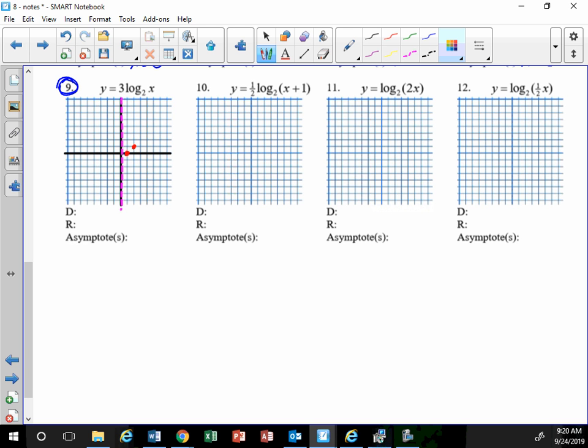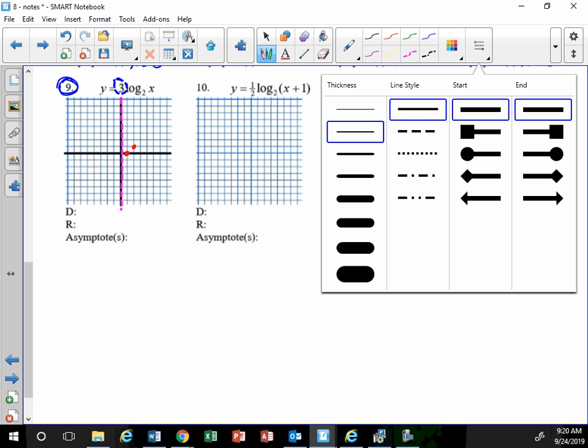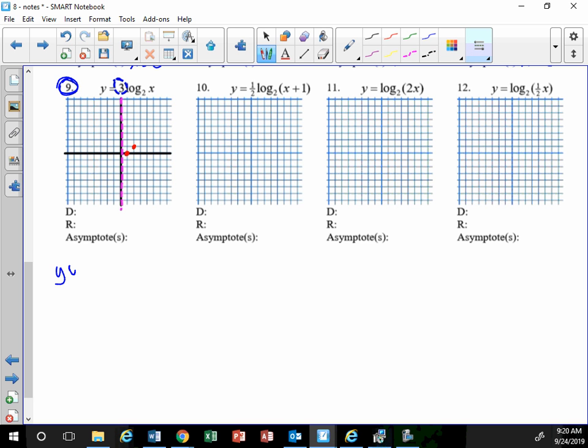Yeah, whatever that coefficient out in front is, you are taking your y values times that. So 0 times 3 is still 0. 1 times 3 is 3. So it's a stretched out graph. Domain and range do not change. That's it. Okay.